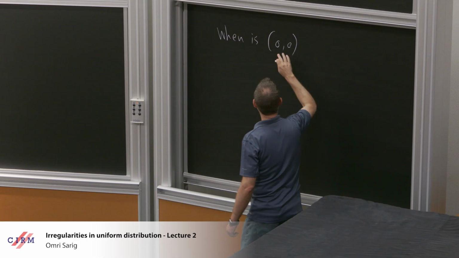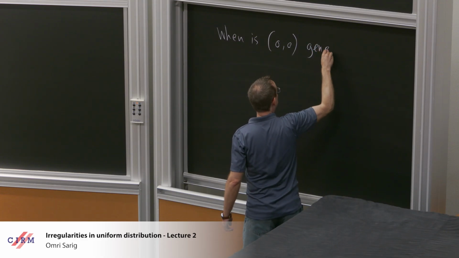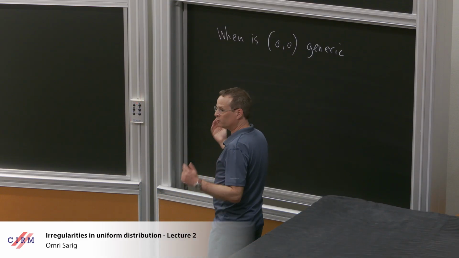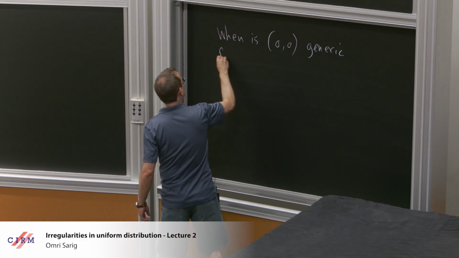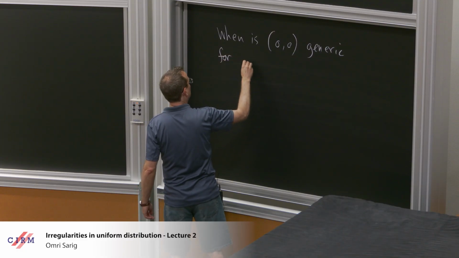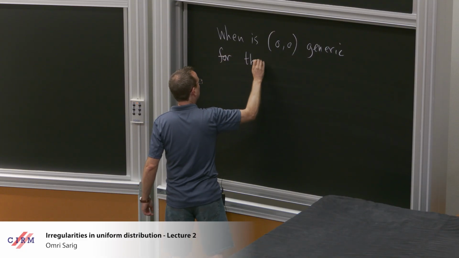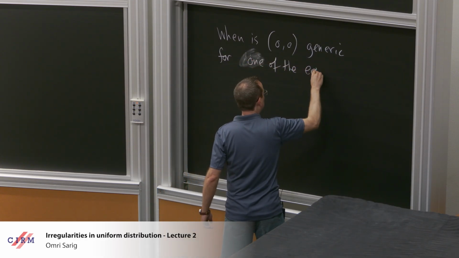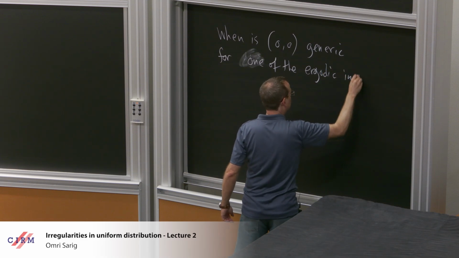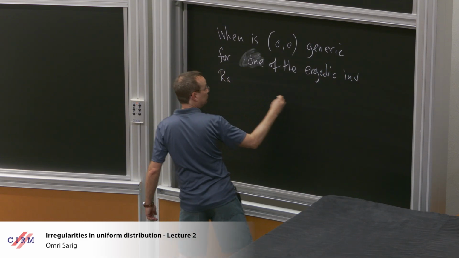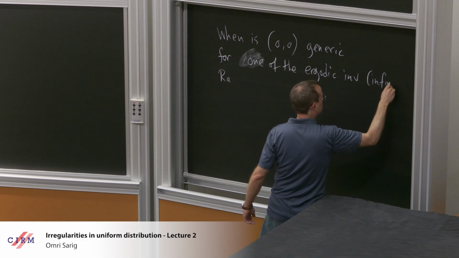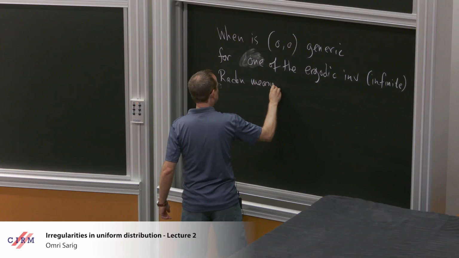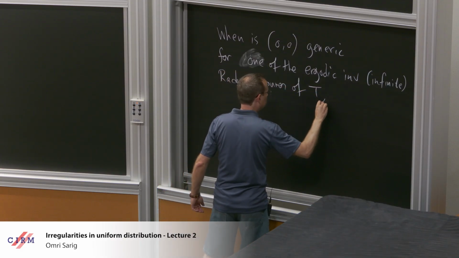So the question is, when is the initial condition (0, 0) generic, in the sense that it satisfies the ratio ergodic theorem for all continuous functions with compact support, for one of the ergodic invariant infinite Radon measures of T_alpha?